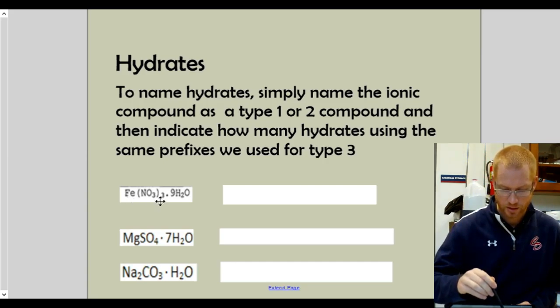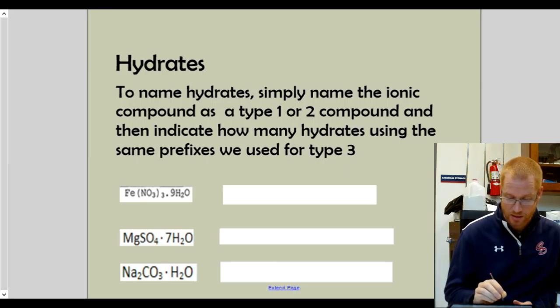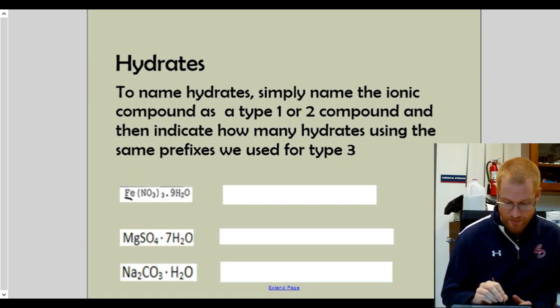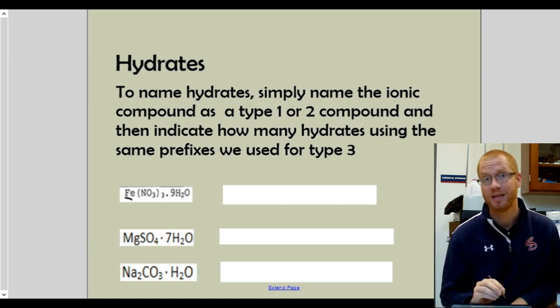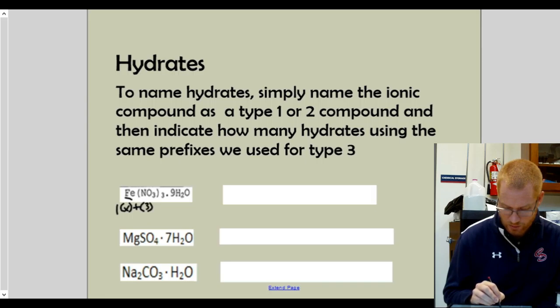Fe(NO3)3. First thing you've got to do is name your ionic compound. Notice Fe, this is a type 2 ionic compound, so we have to find the charge on that Fe. It needs a Roman numeral. So we have 1 Fe and 3 nitrates, each with a -1 charge, and that equals 0.